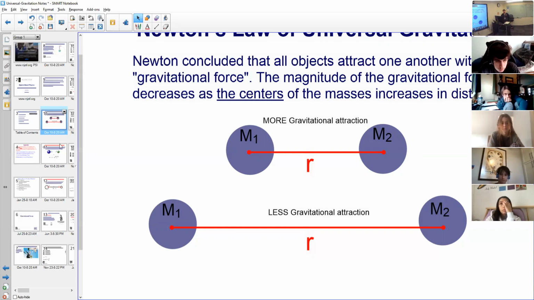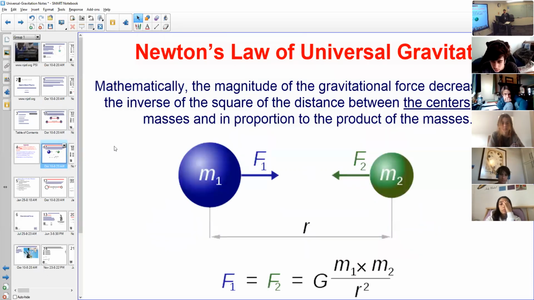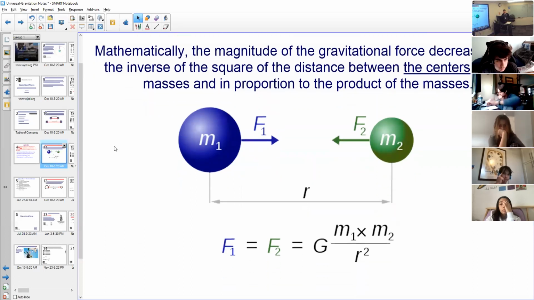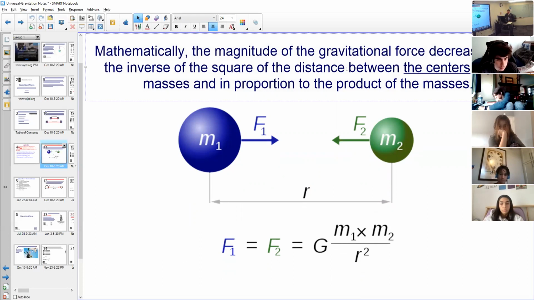And what they eventually discovered through data and other research is that it is what we call an inverse square proportion. So mathematically, the magnitude of the gravitational force decreases with the inverse of the square. In fact, let me go ahead and highlight that phrase.